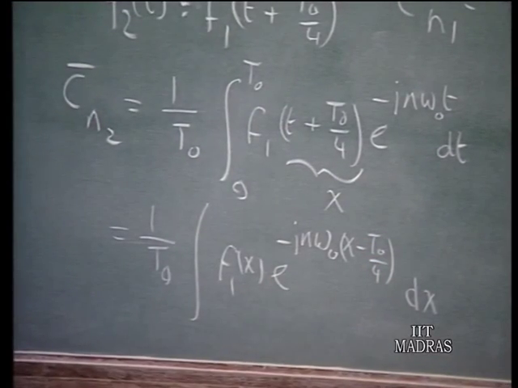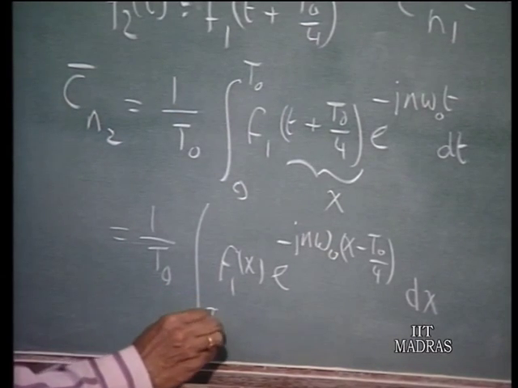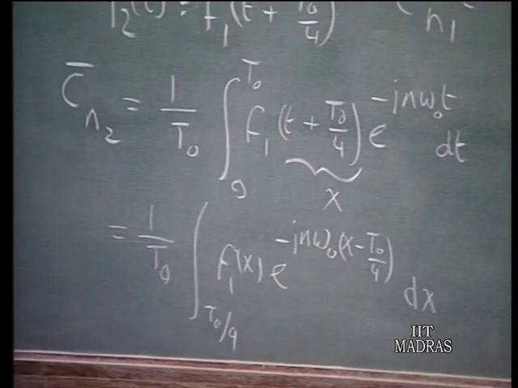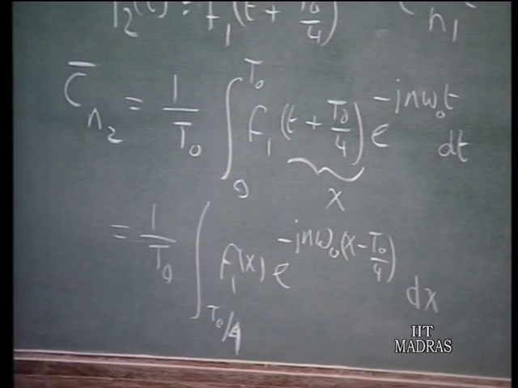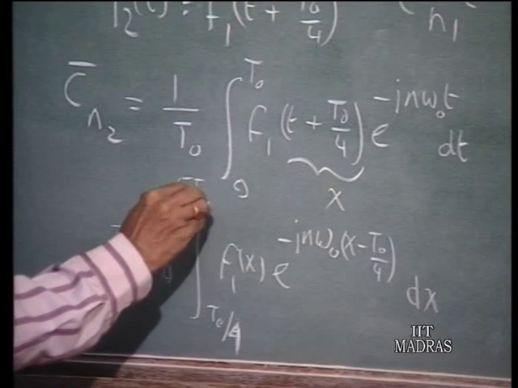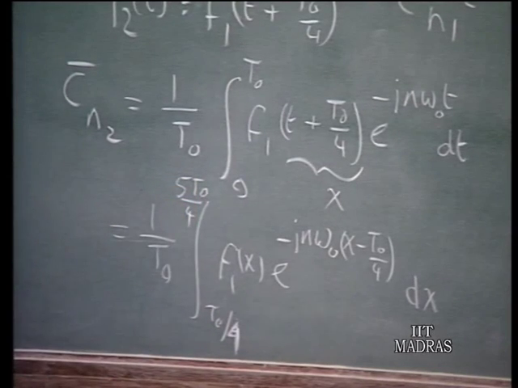And the limits of integration, when t equals 0, x will be t naught upon 4, and when t is t naught, x will be 5 t naught upon 4.